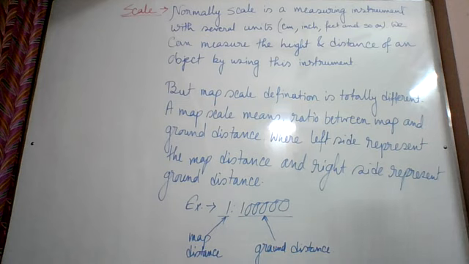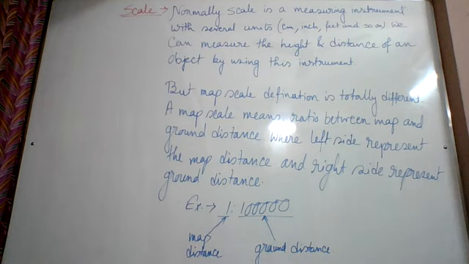We can measure the height and distance of any object, pillar, temple, tower, trees, and the distance between two points or two places, right, by using this instrument. On the other hand, the map scale is totally different from the normal scale that we are using, right?